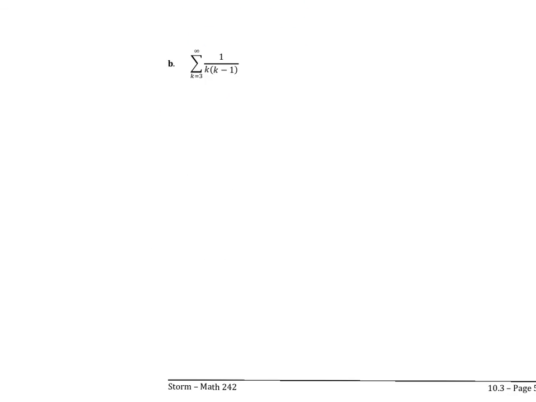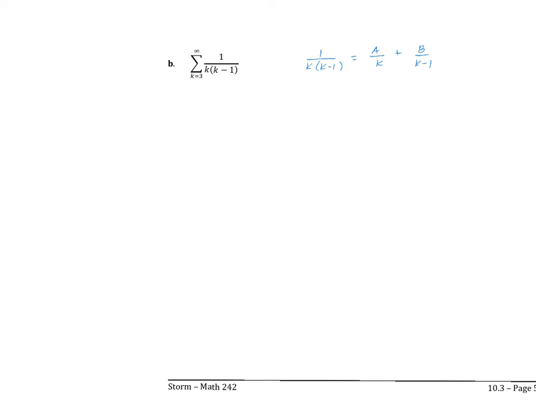If I look at part B, I don't see geometric here. What I see is possibly telescoping. I'm going to try to write 1 over k times k minus 1 in the form of a subtraction. So I have a over k plus b over k minus 1.